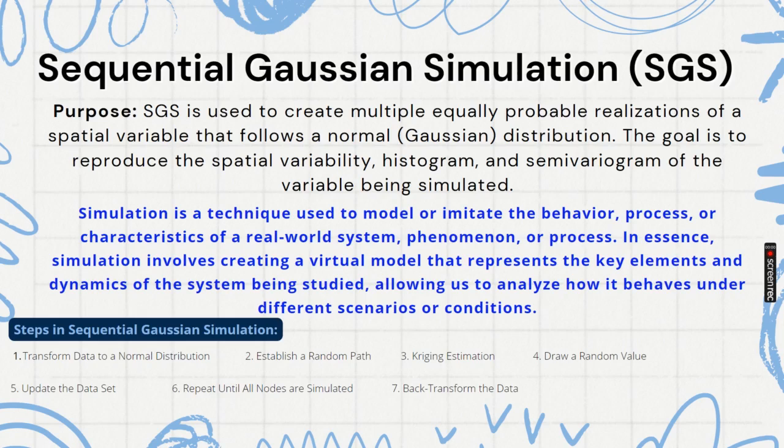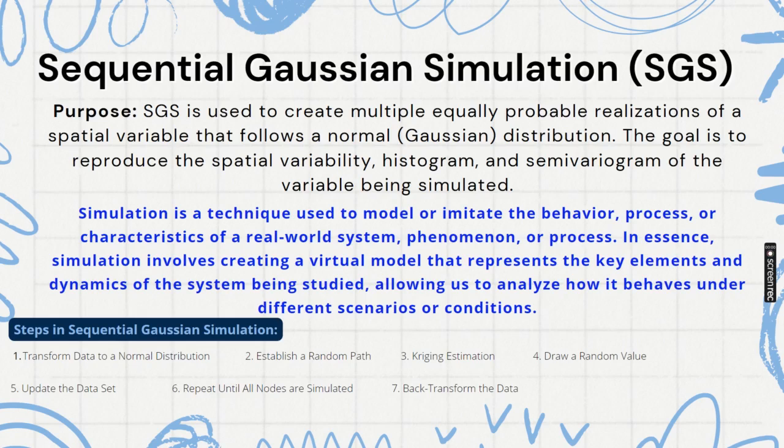Whenever it is validated, it is observed that simulation gives very realistic estimates, close to reality. The main purpose of SGS is to create multiple equally probable realizations of a spatial variable that follows normal distribution. The goal is to reproduce the spatial variability, histogram, and semi-variogram of the variable being simulated.